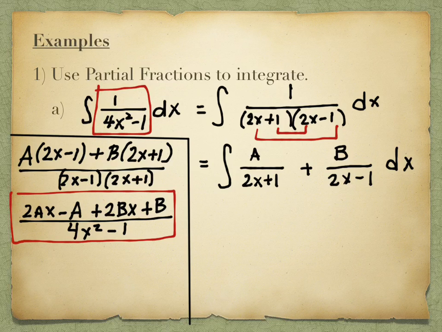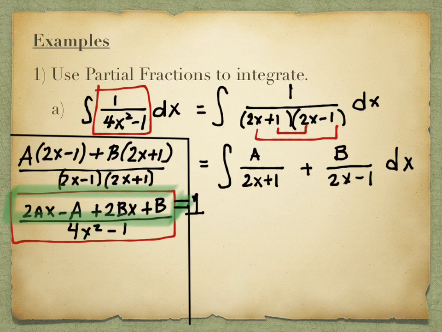Okay, everybody with me? Okay, so this expression right here on top has to equal the number 1. Now in particular, it's not just the number 1, it's actually 0x plus 1, because I don't have any x's either, correct?